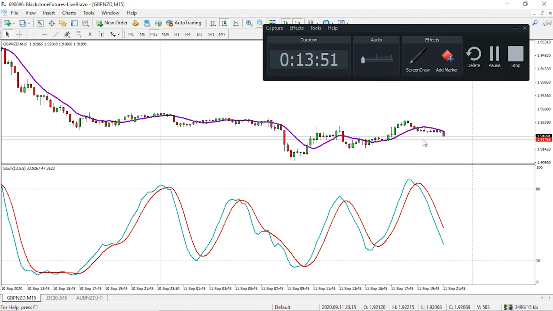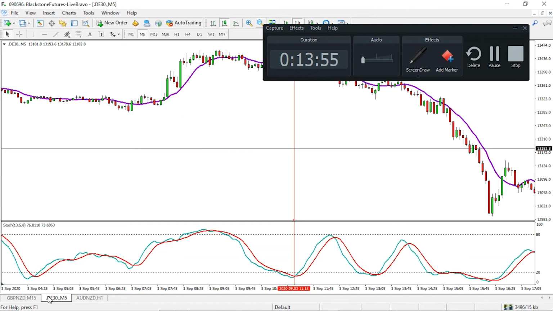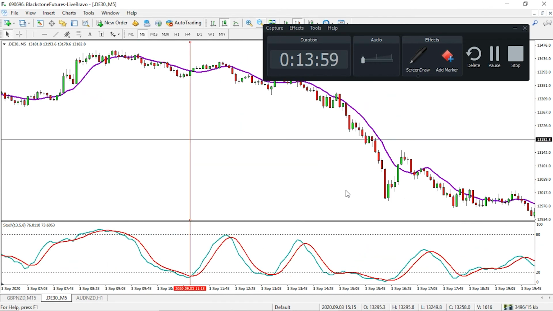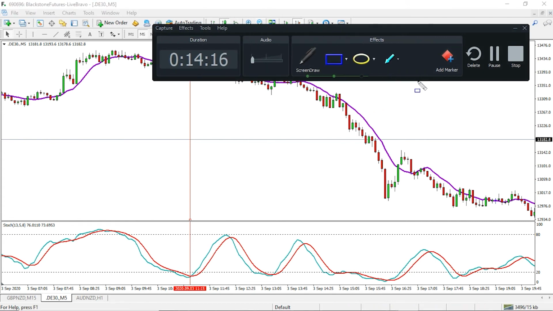Okay, so let's go on to the most recent short recommendation we had, and that was the DAX on the 3rd of September. And again, guys, the 5-minute chart will often give you 2 opportunities during the course of the day, whilst a 15-minute chart or sometimes even a 30-minute chart will give you a secondary or a third opportunity to get in. Okay, so there you can see we're above 80.